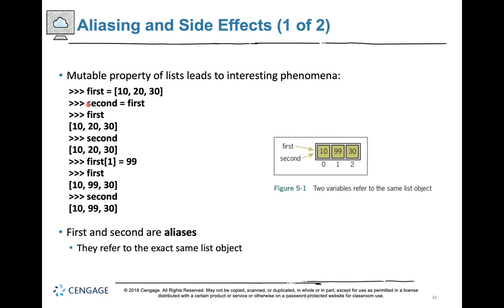And then you may also have another reference called second, and that second is initialized to be the same value as first. So second also points to the same location as a reference. So if you modify the list through first, then second is also going to see the same changes because the same object is getting modified. And then you can access them through both references or variables.